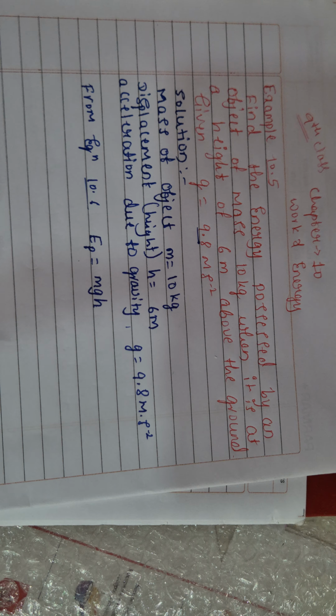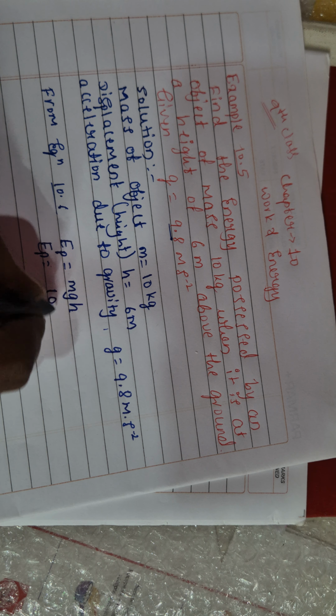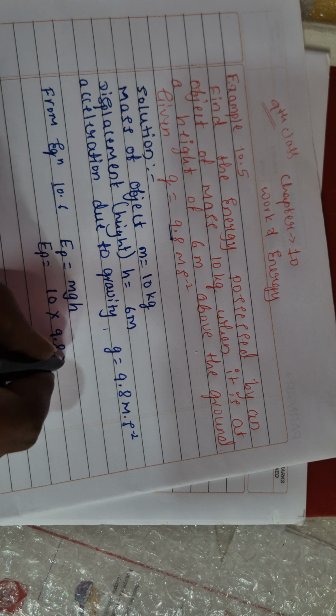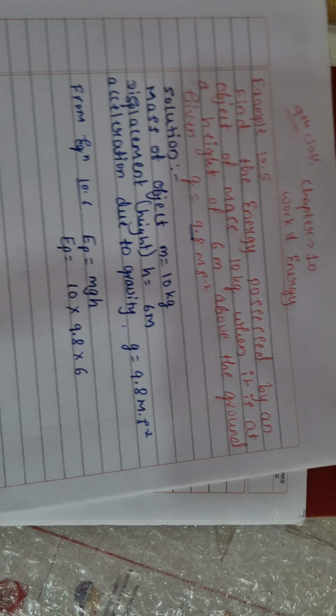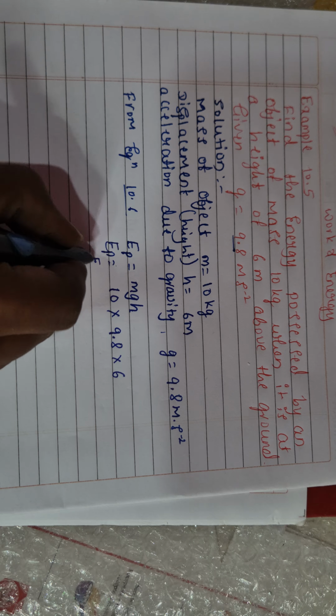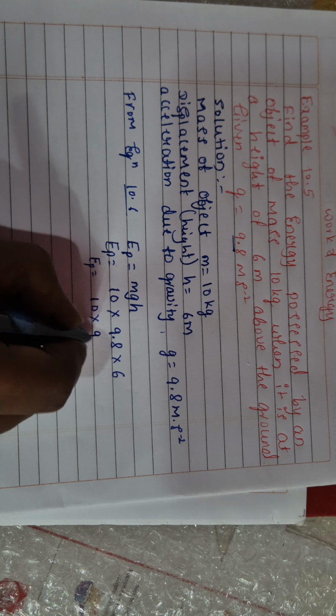Here we write Ep is equal to, so what is the mass? 10 into gravity 9.8 into height 6 meters. Now Ep is equal to 10 into 98.